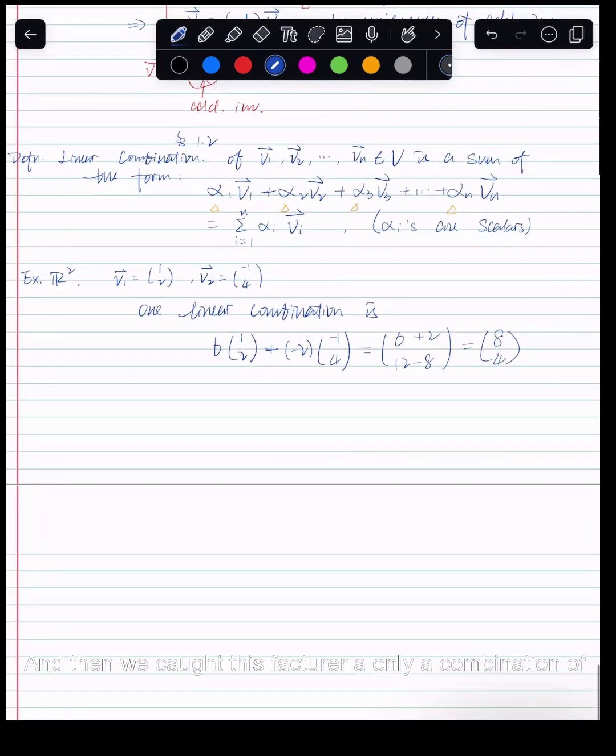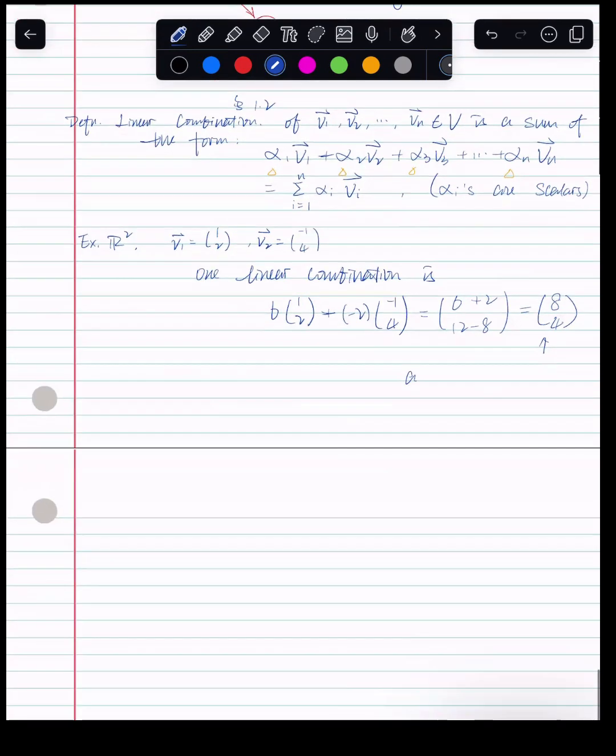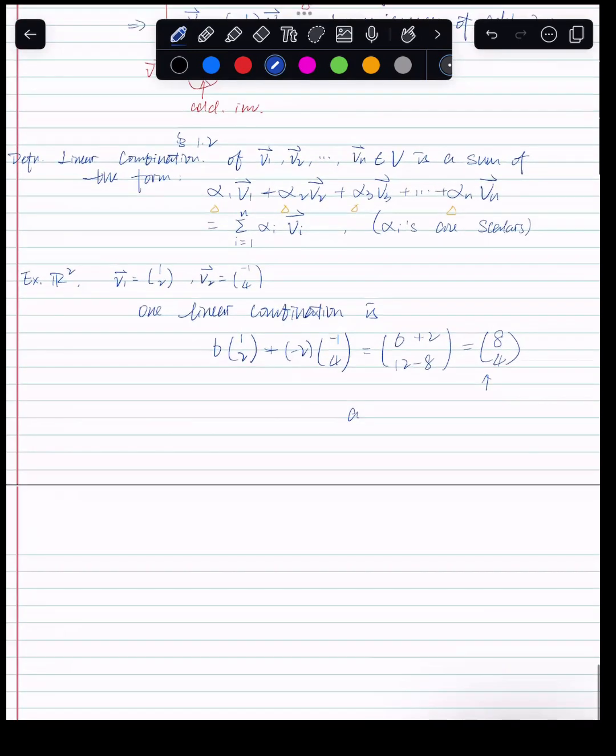We call this vector a linear combination of V1 and V2.